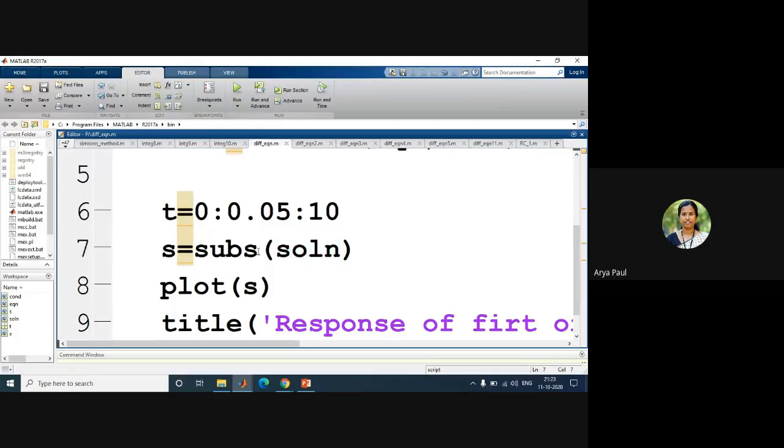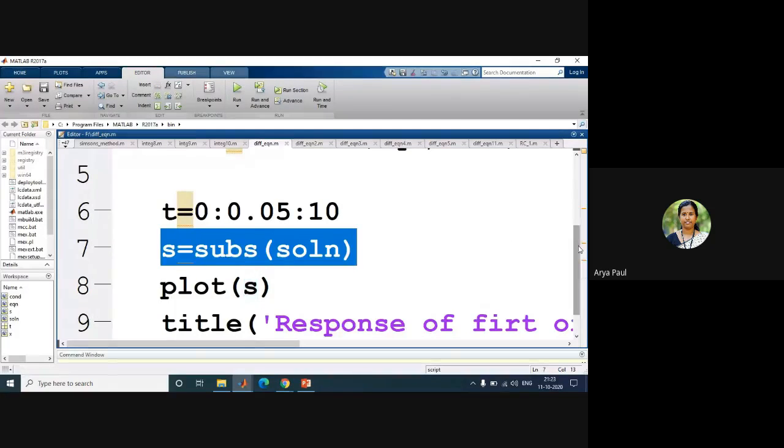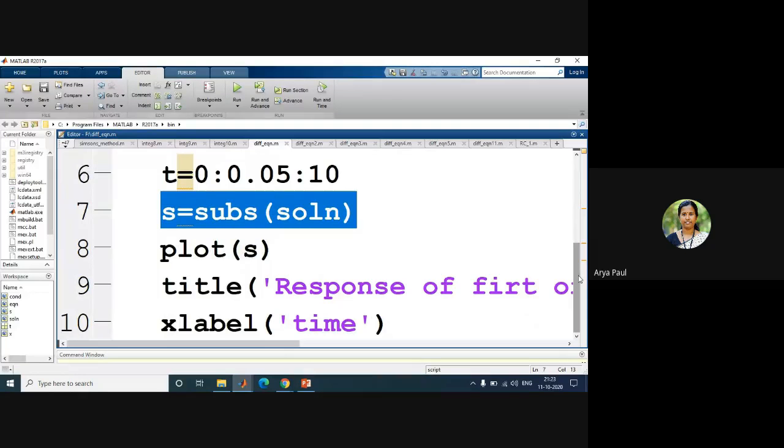To do that, you use the subs function on the solution. You are converting the symbolic variable into a numeric type variable. Then only can you plot that. Then you give the plot. So don't forget this step. Then only can you plot the function. I hope this is clear.